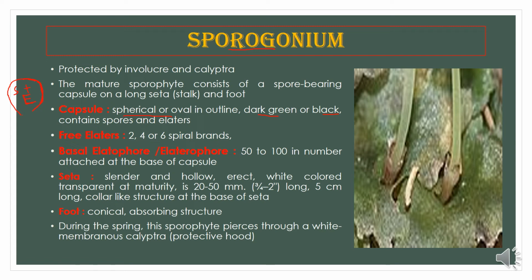So this is the capsule, and the capsule has an intermediate region called seta and a bulbous foot region called foot. The main function of this foot region is absorption of nutrition from the gametophyte, because the sporophyte, the diploid generation of all the bryophytes, is nutritionally dependent upon the gametophyte or the haploid generation.